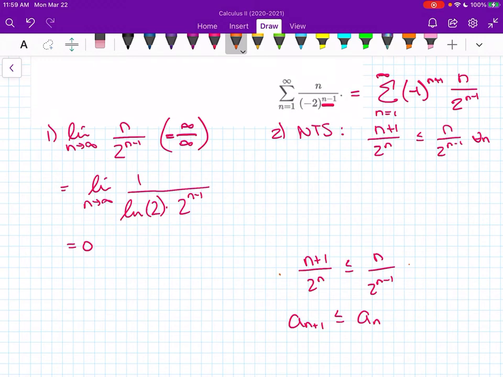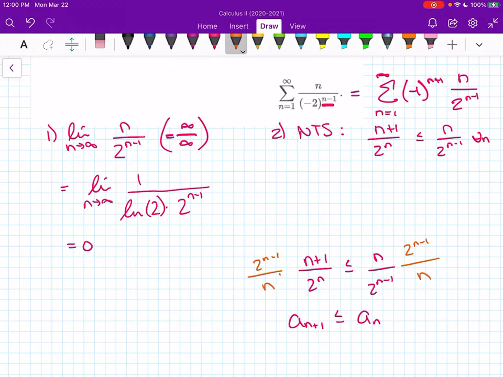So to make this a little simpler, I'm going to go ahead and put the factors that look like each other next to each other. So I'm going to multiply both sides by 2^(n-1) and 1 over n plus 1.